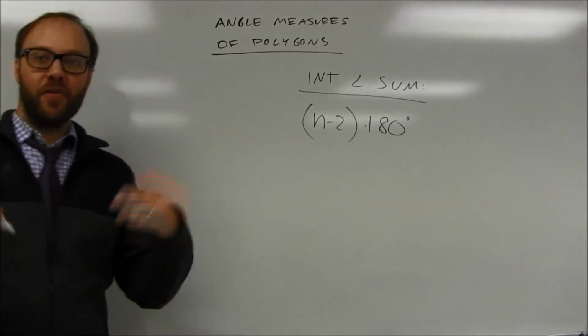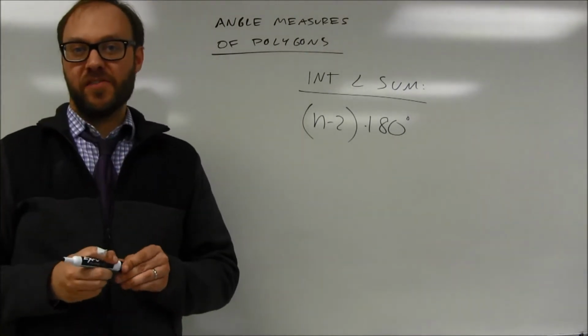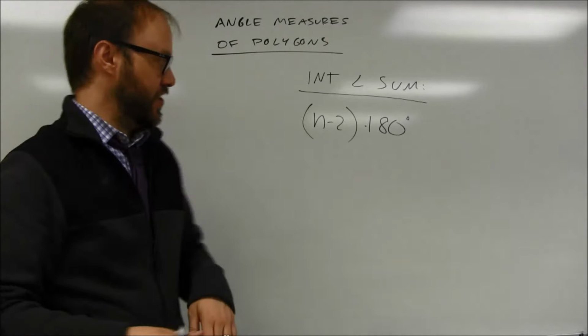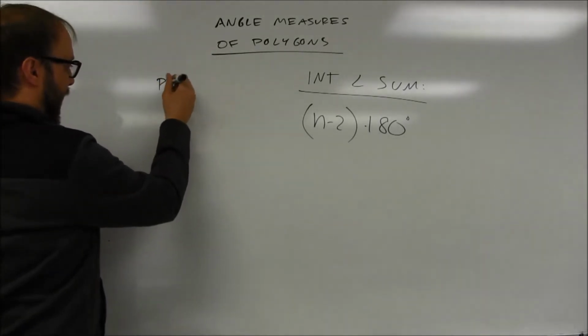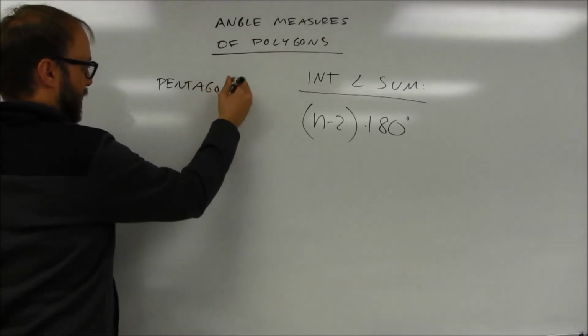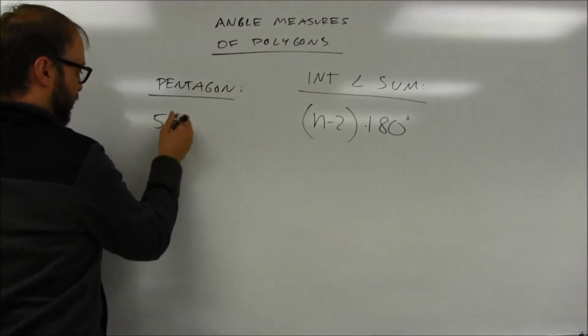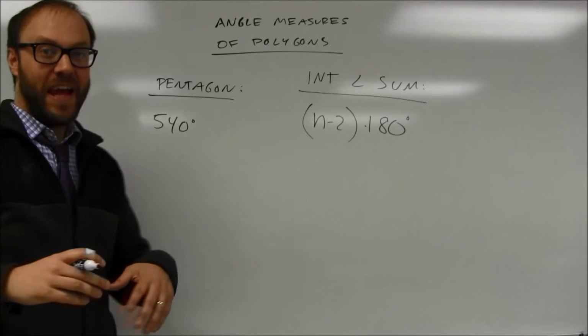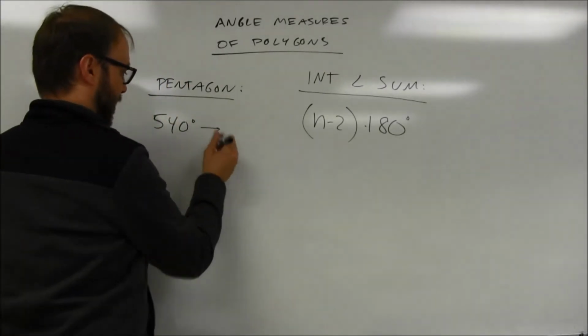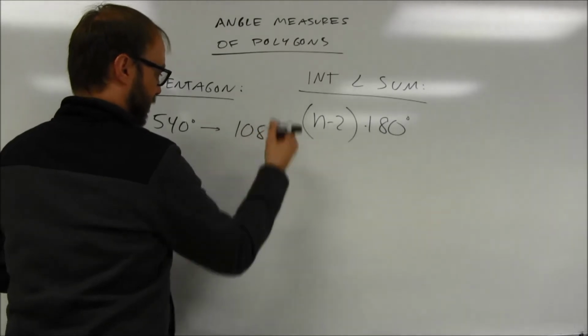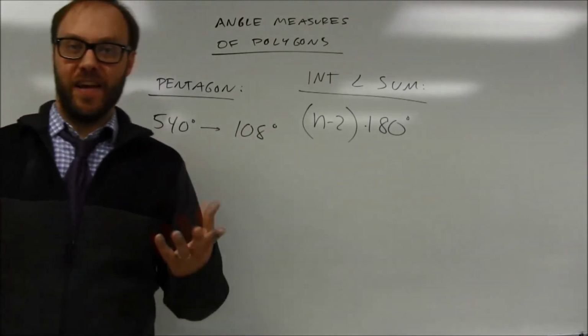Okay? Now the follow-up to that, I can also find the measures of the individual angles of the shapes. So for example, we saw that a pentagon has a 540 degree angle sum. If it's a regular pentagon, that means all the angle measures would be the same. You can divide 540 by 5, and you find out that you have individual angles that are 108 degrees.